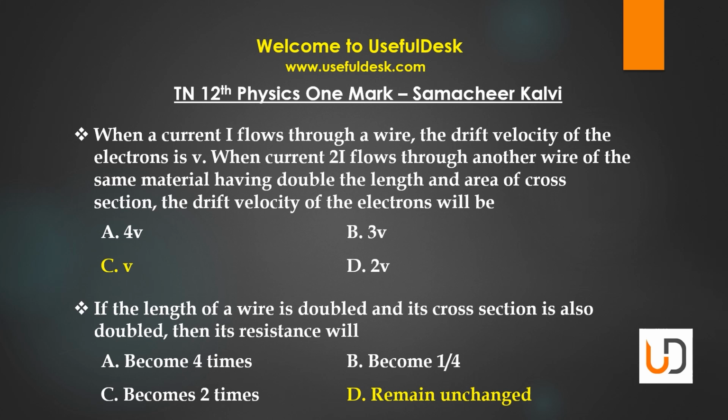The next question is: if the length of a wire is doubled and its cross-section is also doubled, then its resistance will. The options are become 4 times, become a quarter, become 2 times, remain unchanged. The correct answer is remain unchanged.